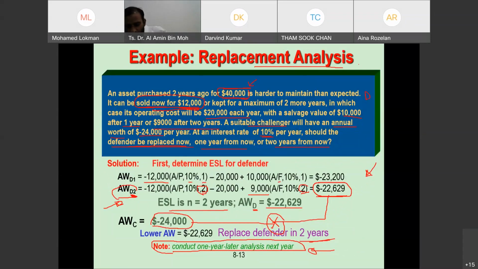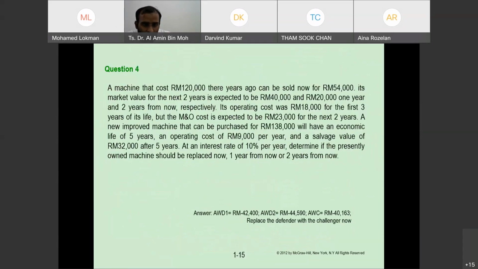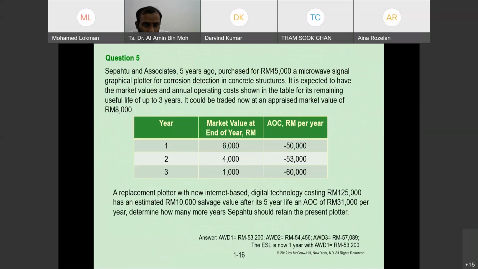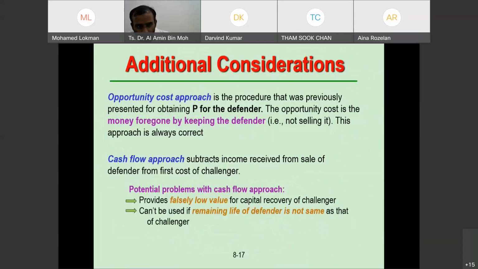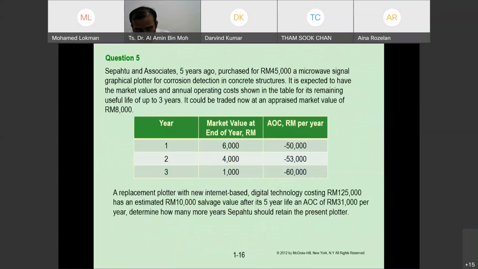But transforming it into the cash flow diagram would be good to avoid confusion, and we may get different answers by confusing challenger and defender, so you can just draw the cash flow. Doctor, normally cost arrows go down, and the salvage normally goes up. Yes.